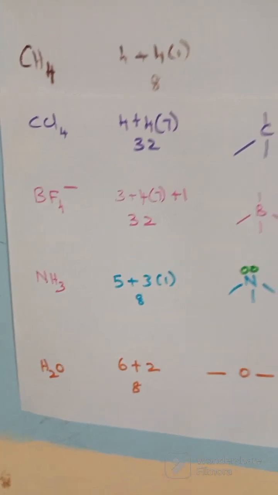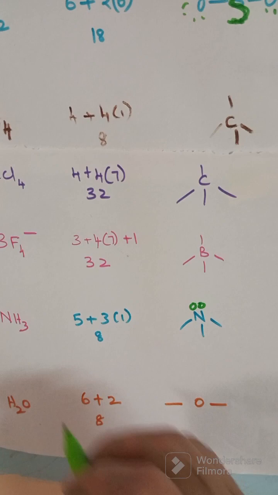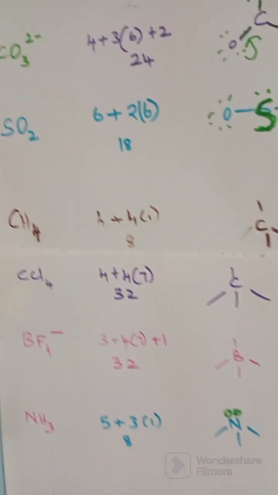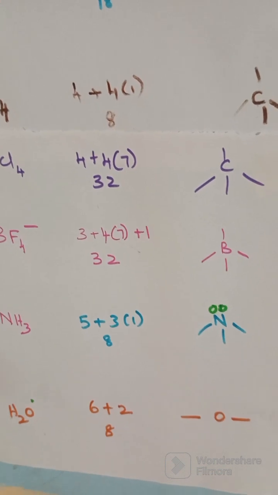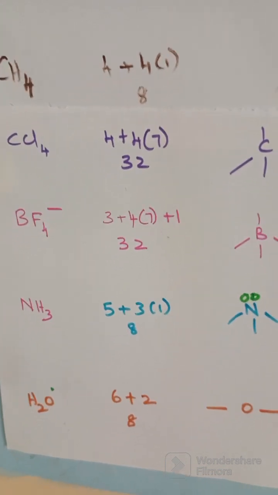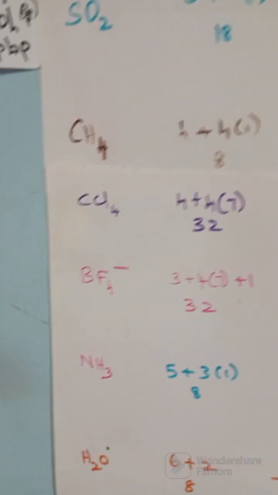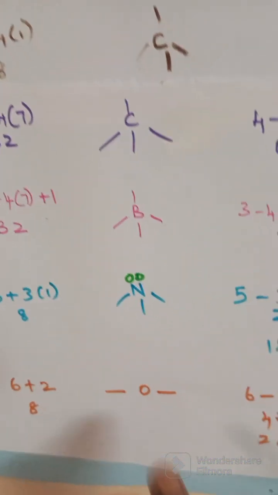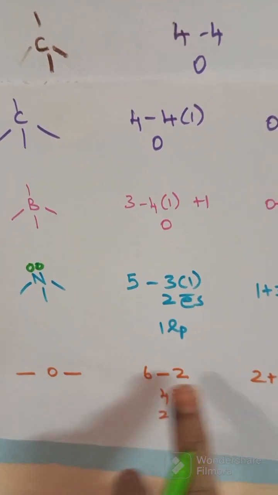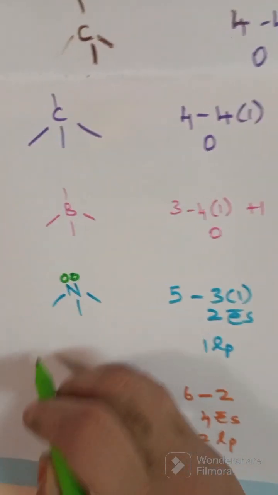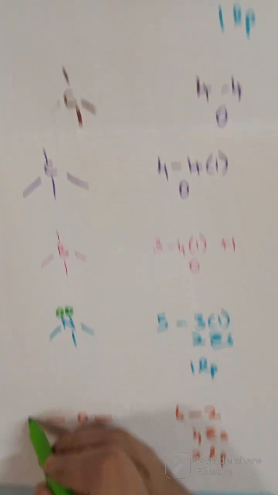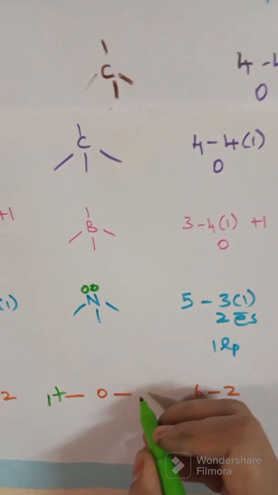In water, oxygen is the central atom and there are 2 hydrogens surrounding that. So oxygen group number is 6, plus 2 is 8. So you have oxygen flanked by 2 hydrogen atoms. To find the lone electrons, so when you write the structure, oxygen, there are 2 hydrogens on either side.